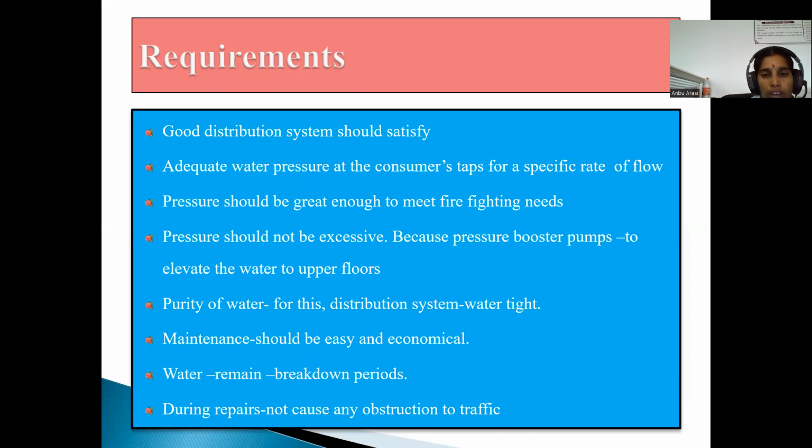Pressure should not be excessive, because otherwise pressure booster pumps are needed to elevate the water to upper floors. Purity of water: the distribution system should be watertight. Maintenance should be easy and economical. Breakdown periods during repairs should not cause any obstruction to traffic.